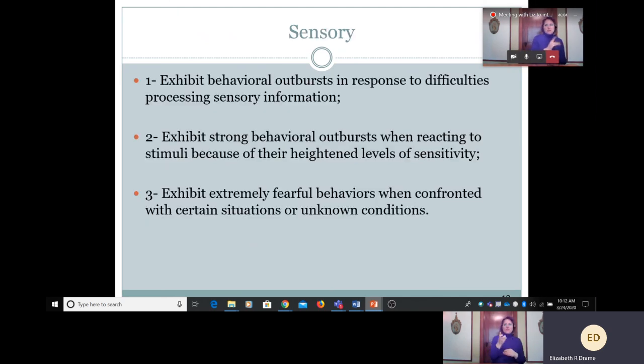So what might that look like? You could see behavioral outbursts related to difficulty processing sensory information, or to heightened levels of sensitivity to sensory information, or just a lot of fear around certain situations.